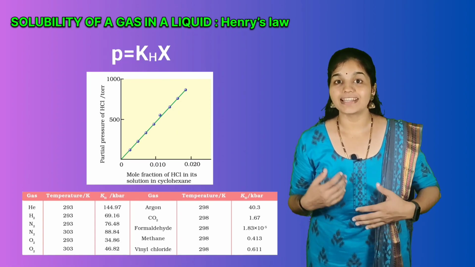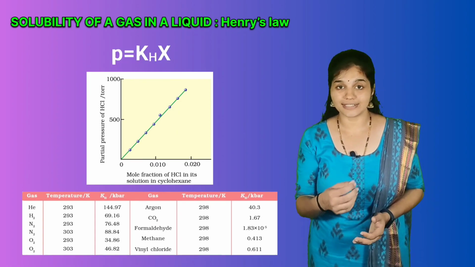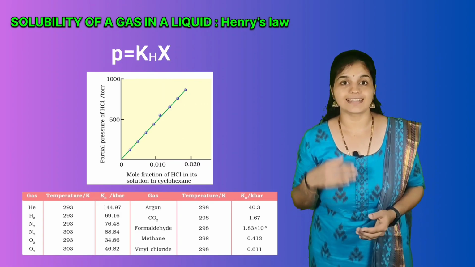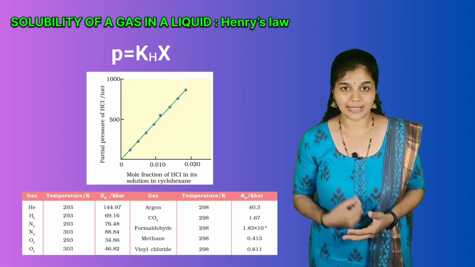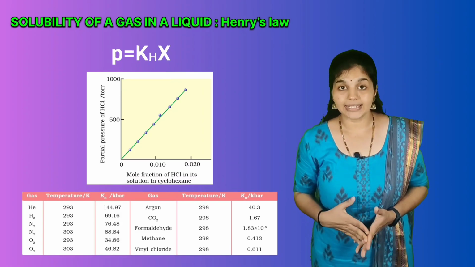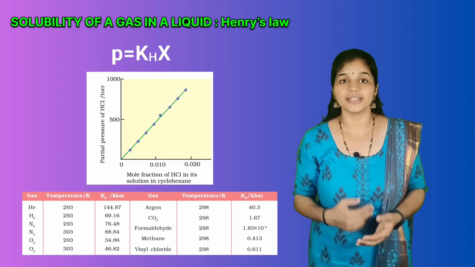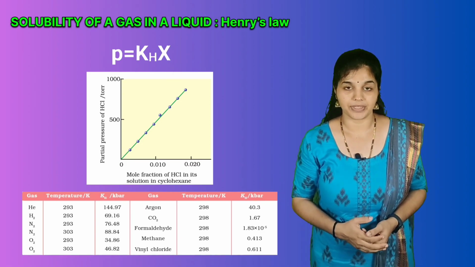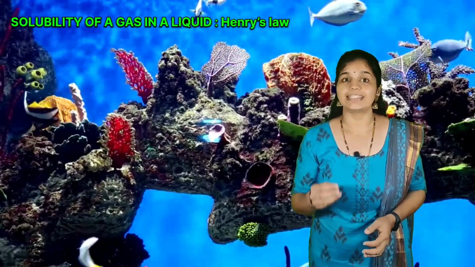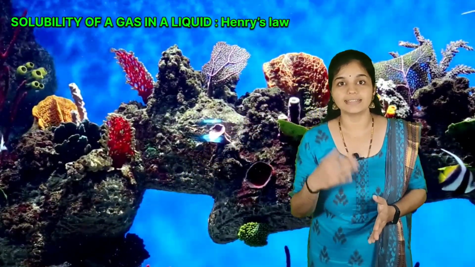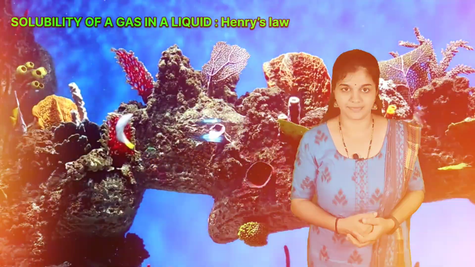From the table, we can see that the value of Henry's law constant Kh for both nitrogen and oxygen gases increases with increase in temperature. This indicates that the solubility of nitrogen and oxygen gas increases with decrease in temperature. It is due to this reason that aquatic species are more comfortable in cold water rather than in warm waters.